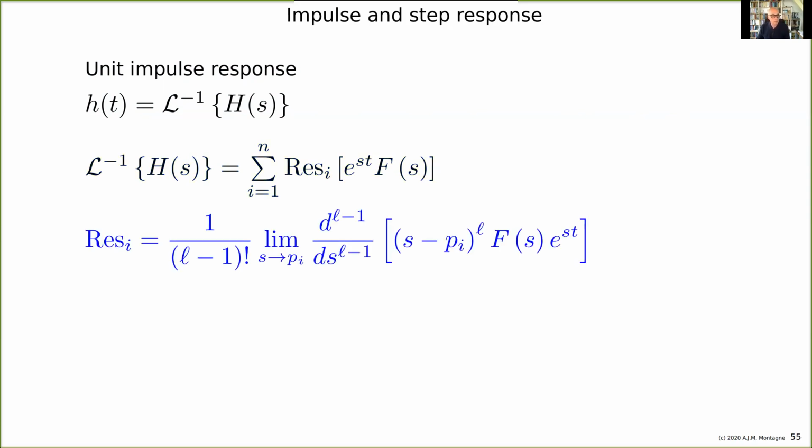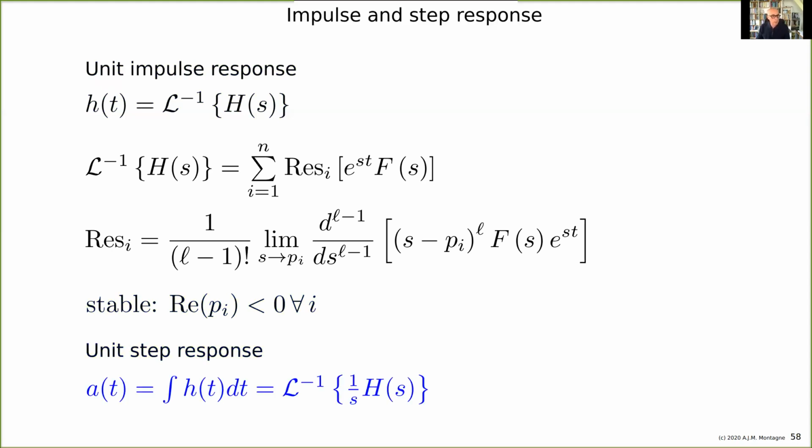There will be the pole frequency as an argument if you calculate the residues, which means that all poles must have a negative real value to be stable. And the unit step response is the integral of the unit impulse response.